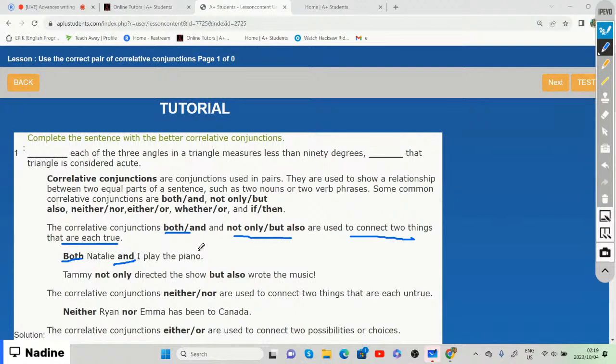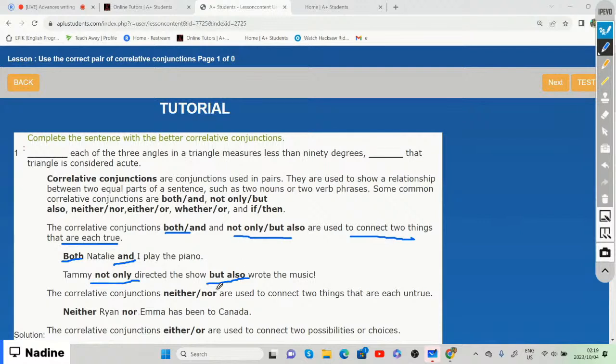So basically, Tammy not only directed the show, but also wrote the music. So that is how we use not only or but also.